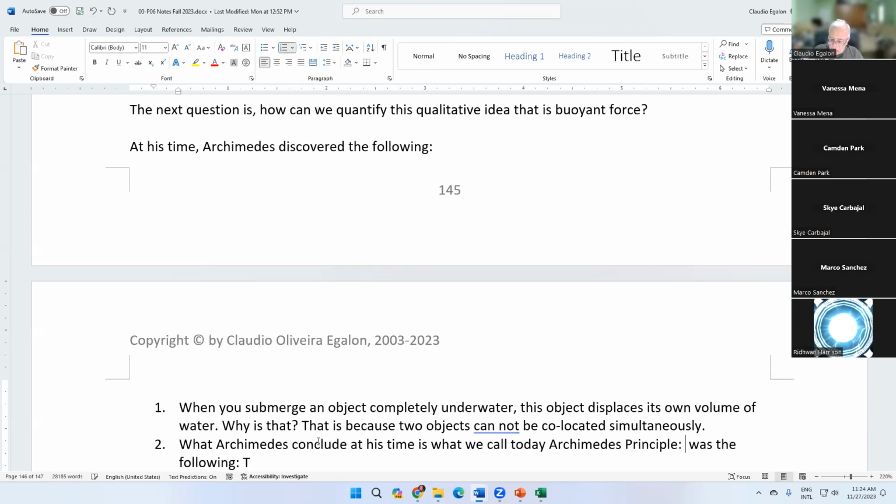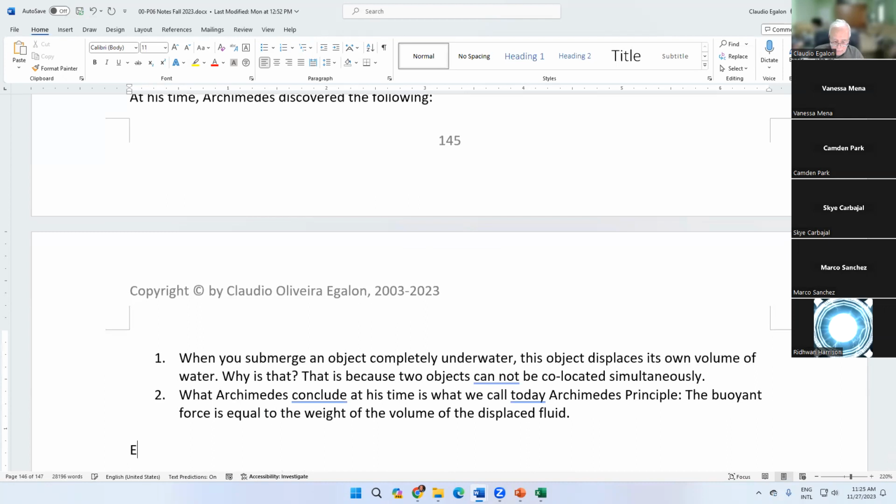And what's Archimedes' principle? The buoyant force is equal to the weight of the volume of the displaced fluid. Okay. So I'm going to give you an example of Archimedes' principle.